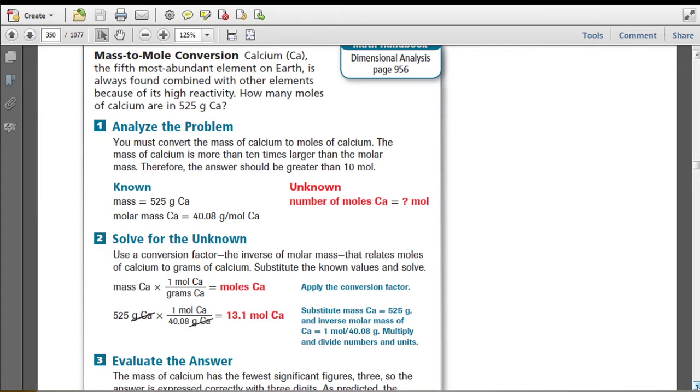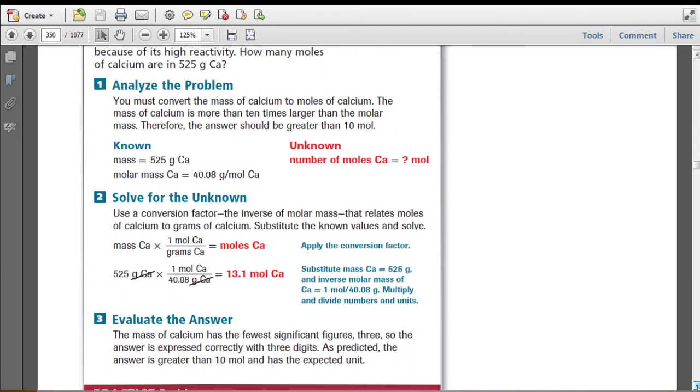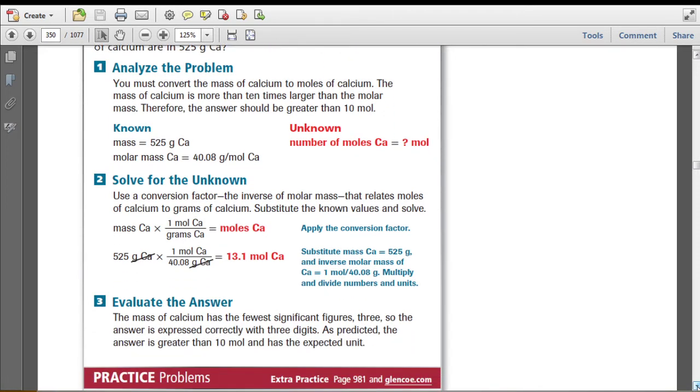We know that we're dealing with 525 grams of calcium, and we know that the molar mass of calcium is 40.08 grams per mole, and we found that from the periodic table. But what we don't know is the number of moles of calcium involved. So let's go ahead and use a conversion factor.